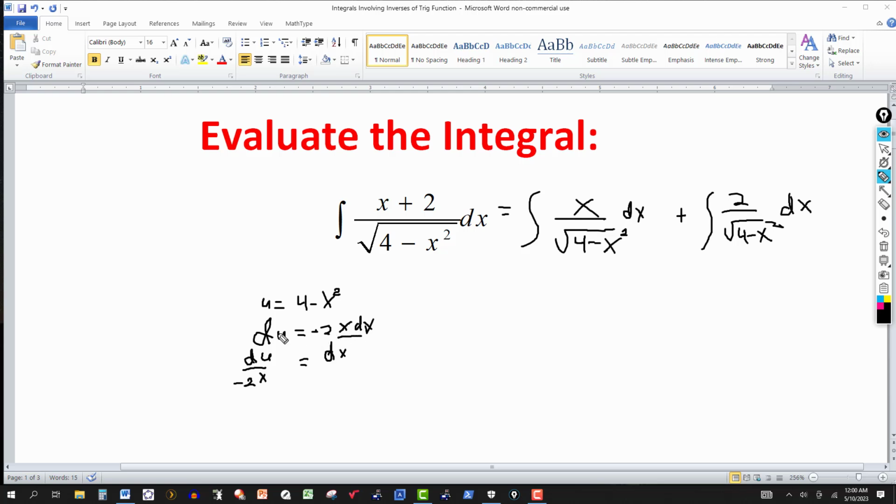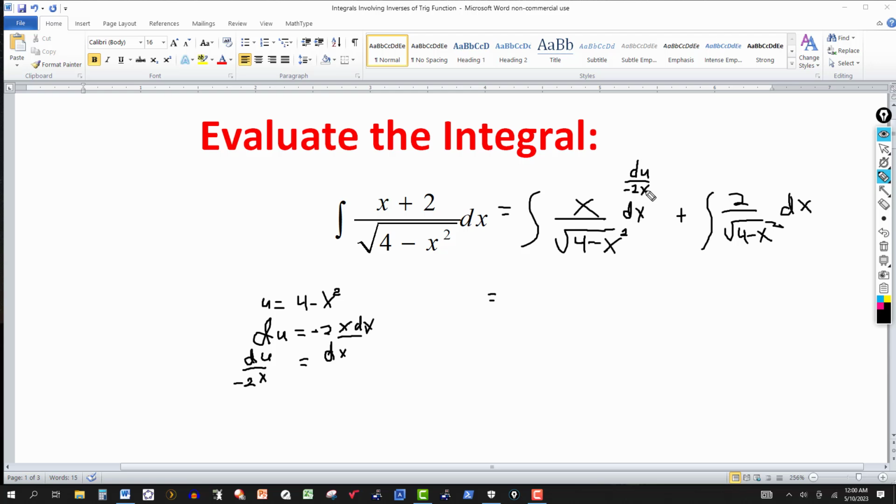Divide by the -2, and say x dx can be replaced by du over -2. That gives you the same thing as this. I can also say dx is du over -2x. So if I do that, I replace the dx here by du over -2x.